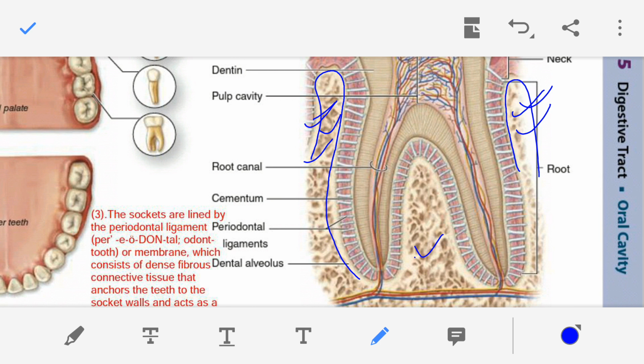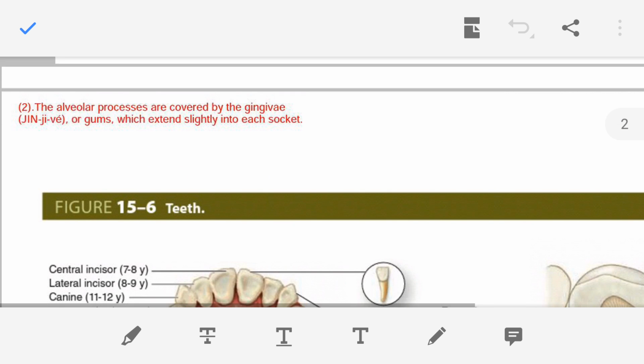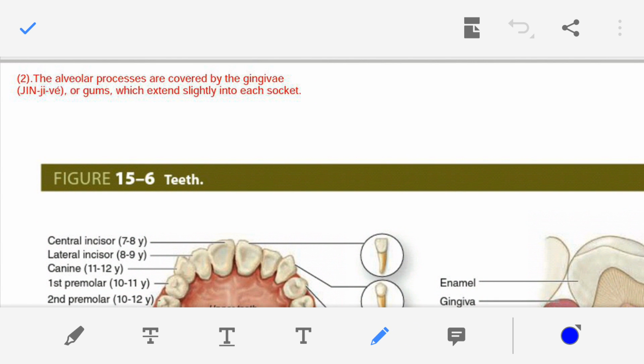So this is the alveolar bone and this is the process of the alveolar bone. Now the alveolar process is covered by the gum or the gingivae.